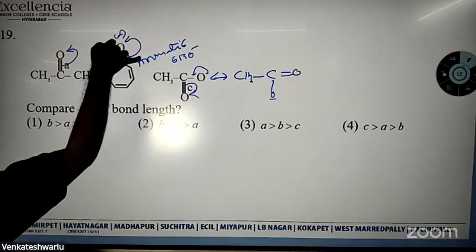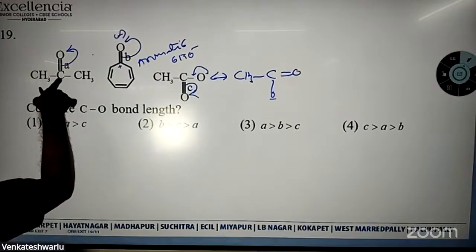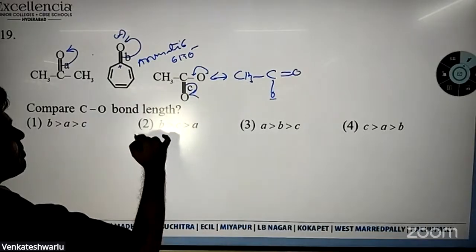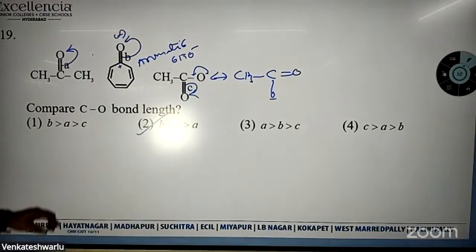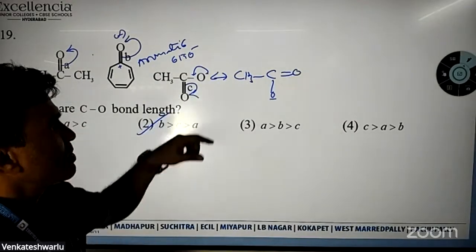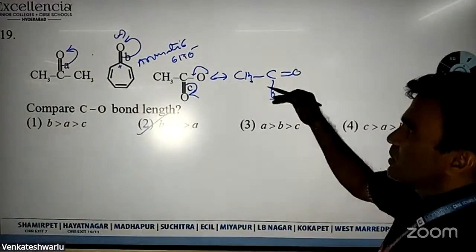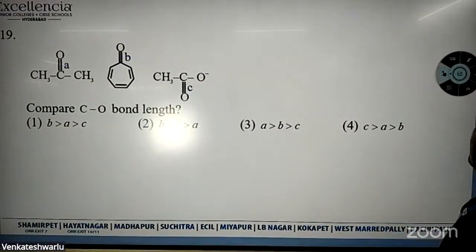So this one has only single bond character, B. Next one has only double bond character. It is average. So therefore B, C, A. It has an average of the single bond and double bond character due to the resonance. So that means resonance can affect the bond length. That's the concept.